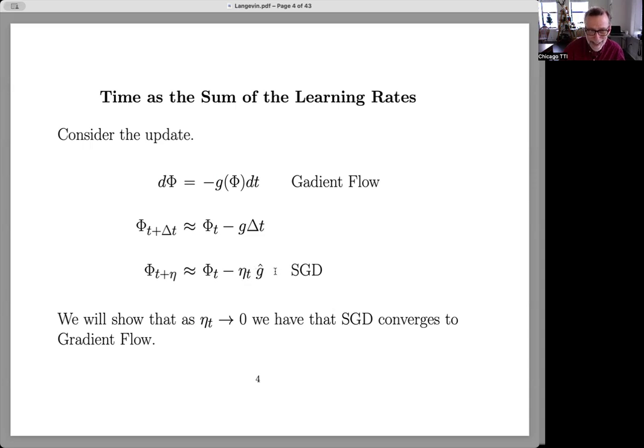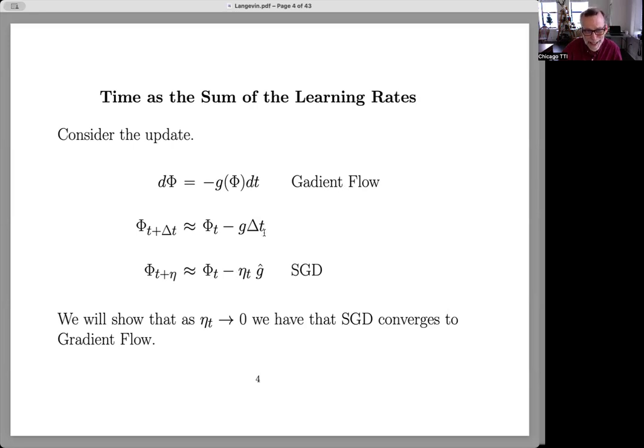That's SGD. So what is going to happen is that as we take the learning rate to 0, SGD is going to converge to gradient flow, to continuous gradient flow.